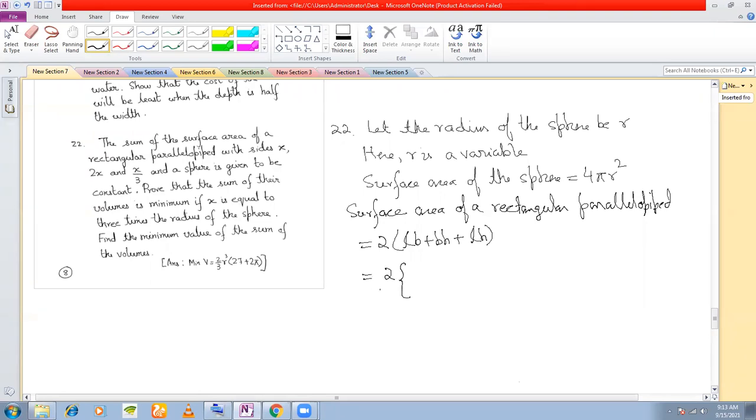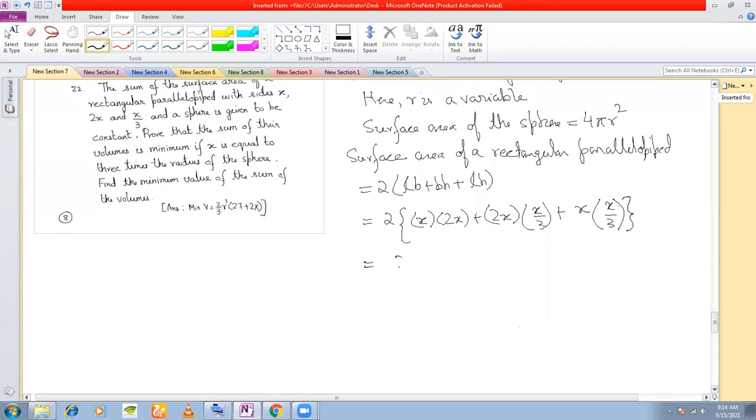What are the sides given here? Length x, breadth 2x, height is x by 3. So twice length 2x into breadth x, plus breadth 2x and height x by 3, plus length x and height x by 3. This is your surface area.